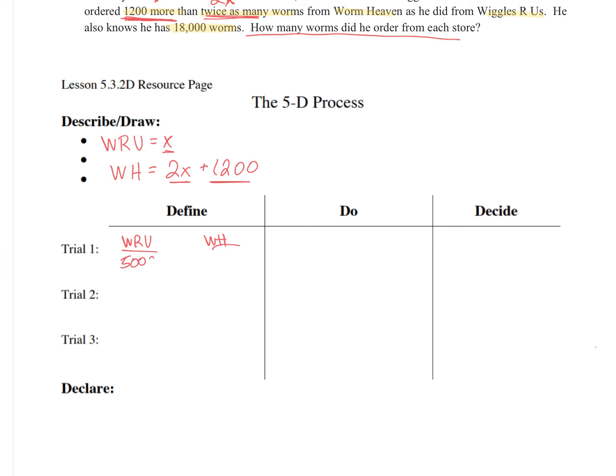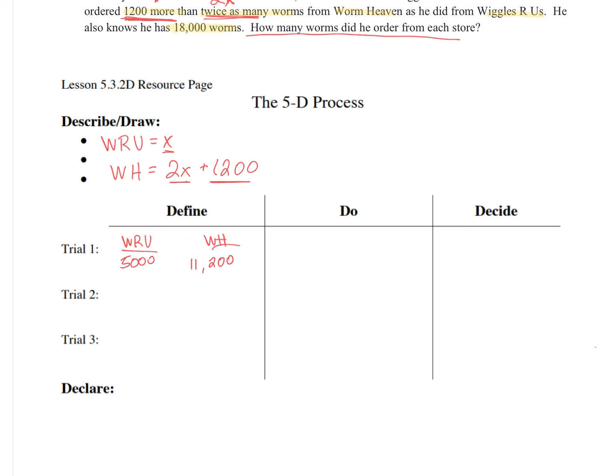We're going to say we ordered 5,000 worms from Wiggles R Us, and if we ordered 5,000 worms from Wiggles R Us, we ordered 2 times 5,000 plus 1,200 from Worm Heaven. So 2 times X, 2 times 5,000 is 10,000, and then 10,000 plus 1,200 is 11,200. I encourage you to double check that on your own.